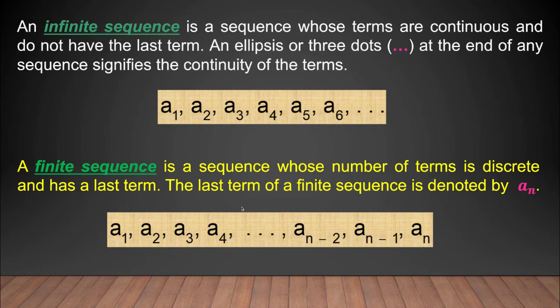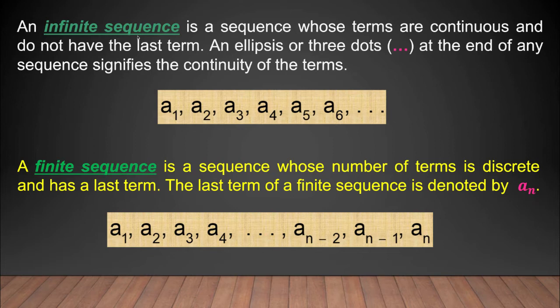Now, you'll see here, the terms of a finite sequence are a sub 1, a sub 2, a sub 3, a sub 4, and so on and so forth. Then you have a sub n minus 2, a sub n minus 1, and then a sub n. Notice that a sub n here is the last term of your finite sequence.